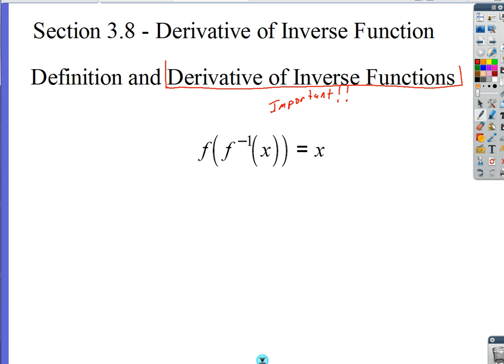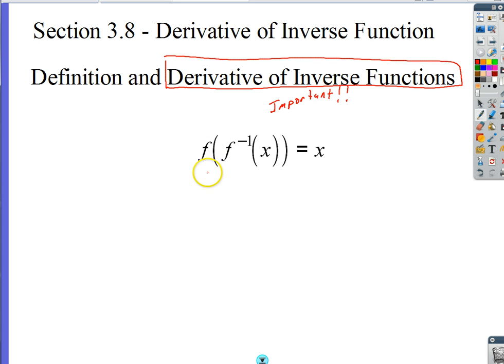Because again, there's another relationship between f and f inverse for f inverse's derivative. Whew, that's a lot. If I want to find the derivative of f inverse, let's start by taking the derivative of this composite function, this relationship between f and f inverse. Well, it's a chain rule.